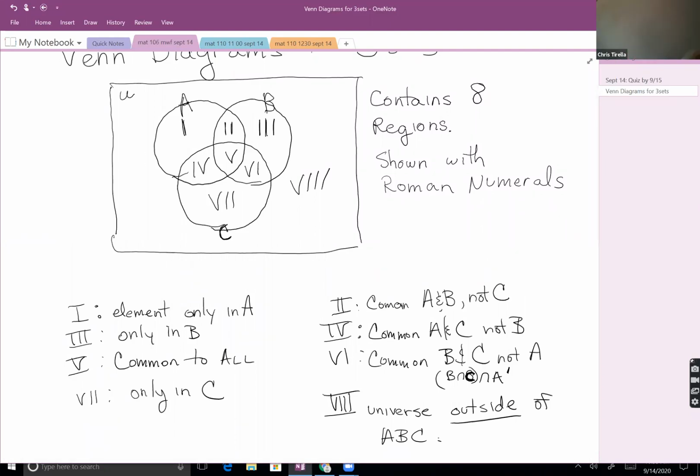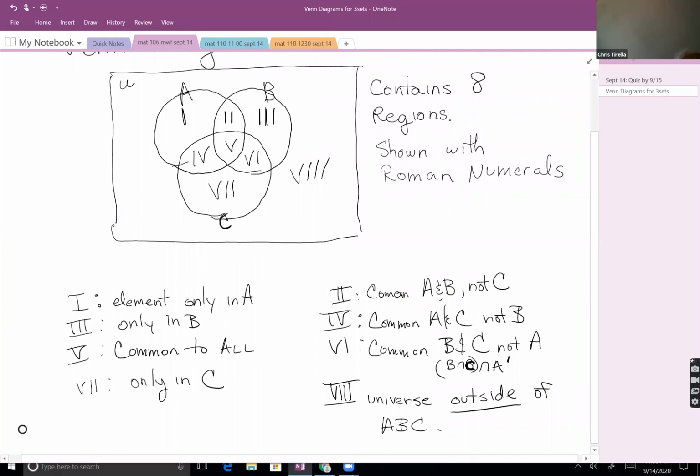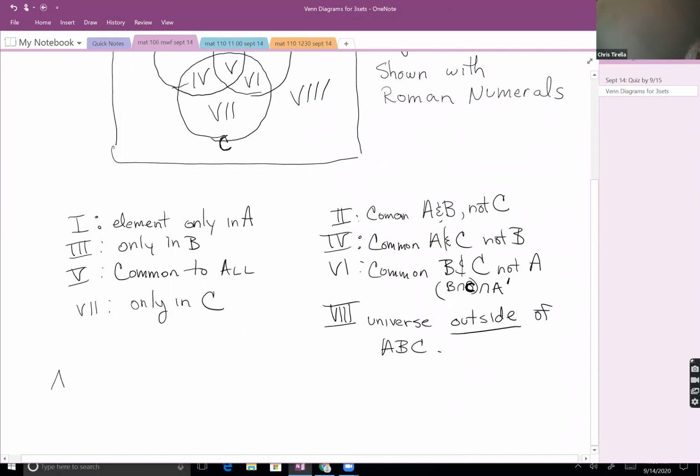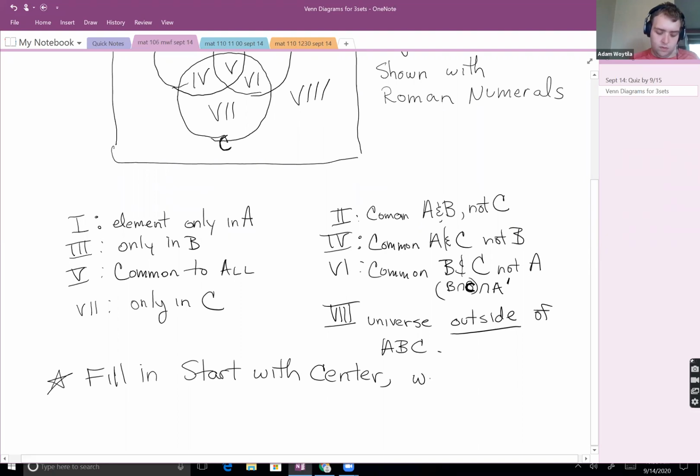And so let's look at an example of filling in a Venn diagram like this with elements. But before we do that, we're going to stick to that rule that we fill in starting with the center and we work our way out.